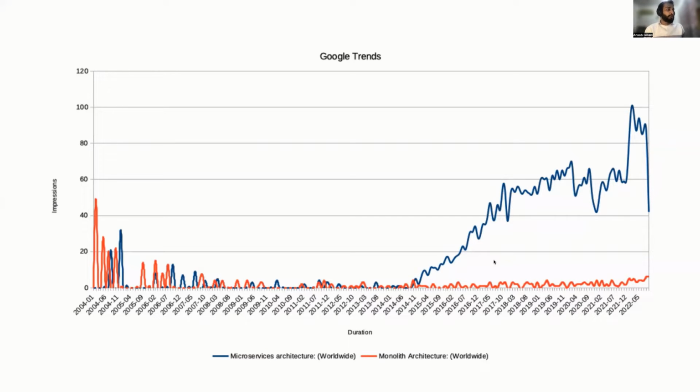Monoliths used to be a popular method for development, but eventually microservices just happened to drown them out over time and became so much more popular than typical monoliths.